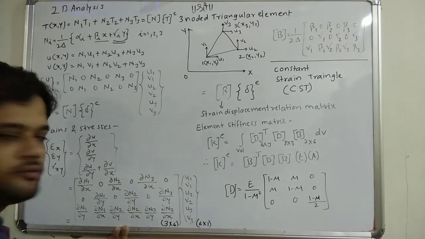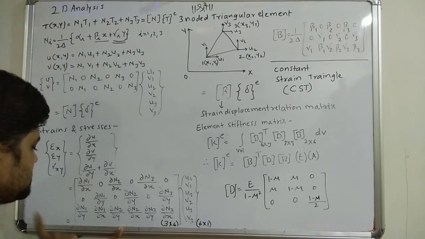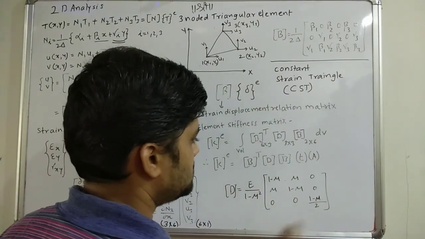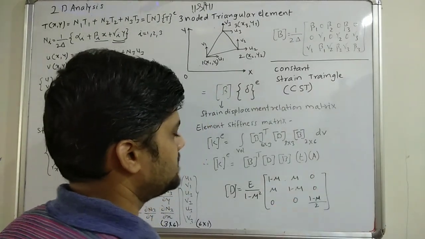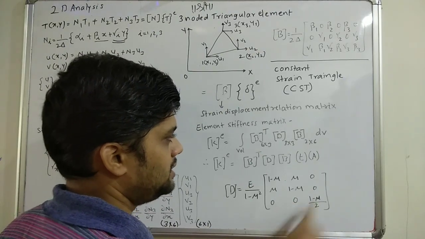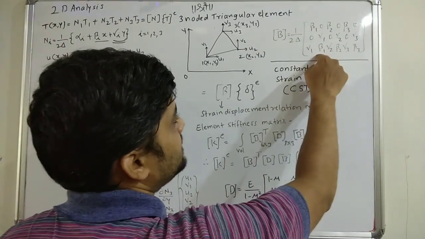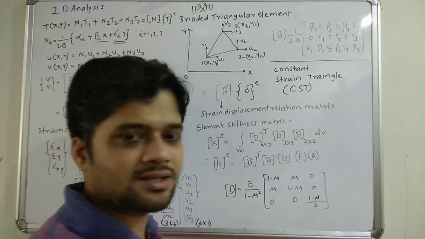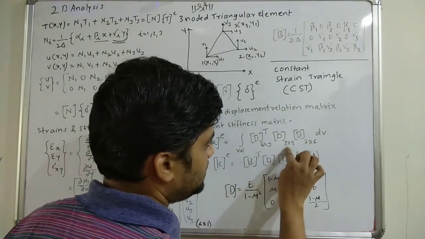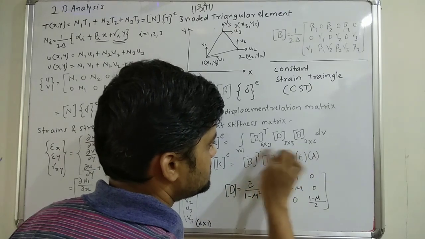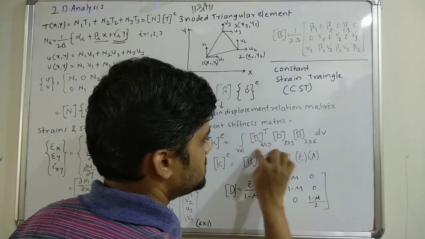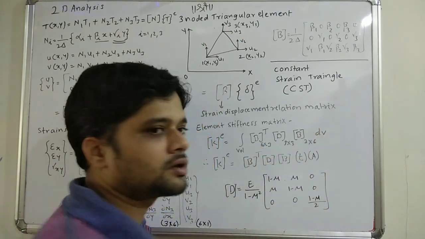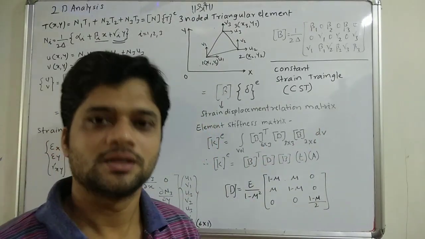Similarly, the matrix which gives a correlation between strain and displacement is called the strain displacement relation matrix, which is of order 3 by 6. So 6 by 3 times 3 by 3 leaves 6 by 3, and 6 by 3 multiplied by 3 by 6 means the final order of my stiffness matrix is going to be 6 by 6.